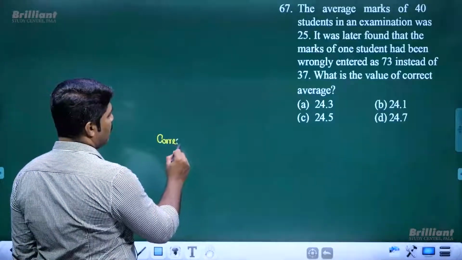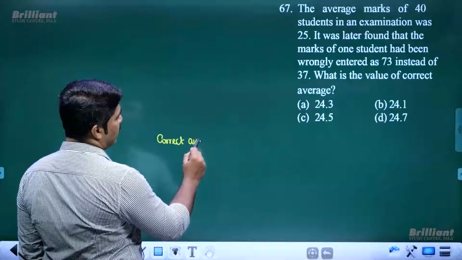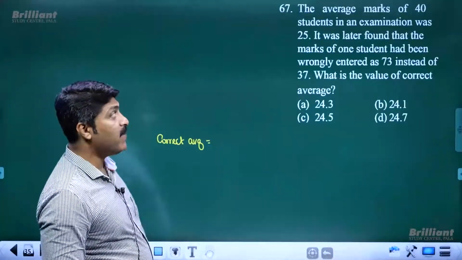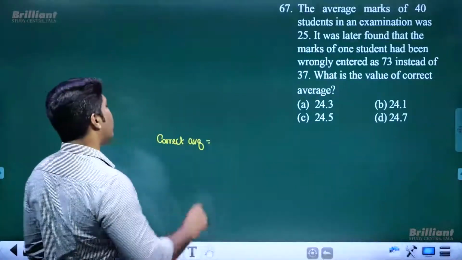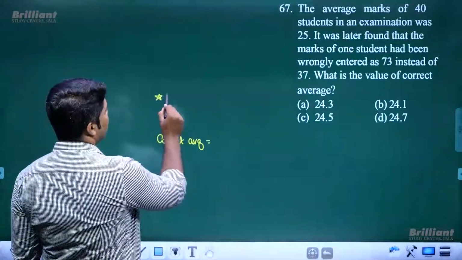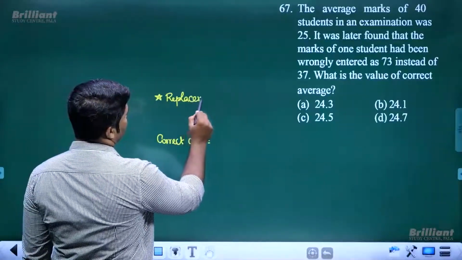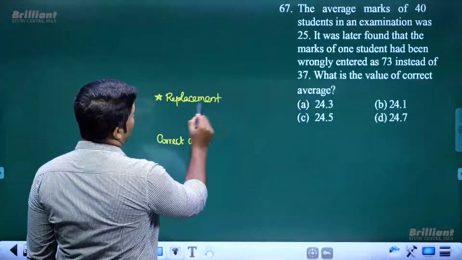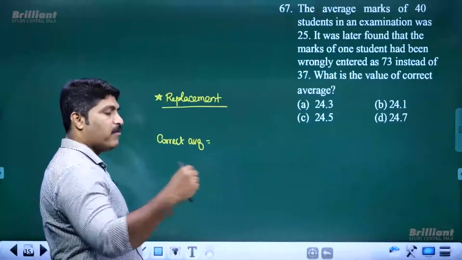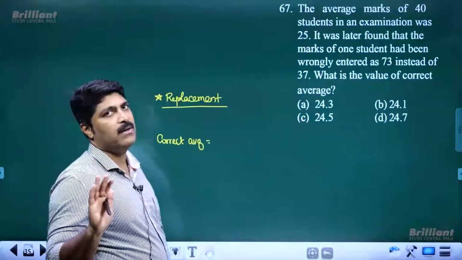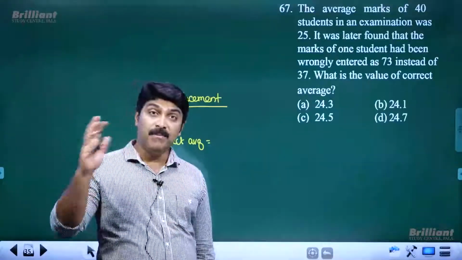I just give you a direct result for finding the answer. So the correct average, in this kind of replacement question, it's a situation of replacement because we are replacing one number with another number. We are removing one number and replacing it with another number, because there is no variation in the number of observations.